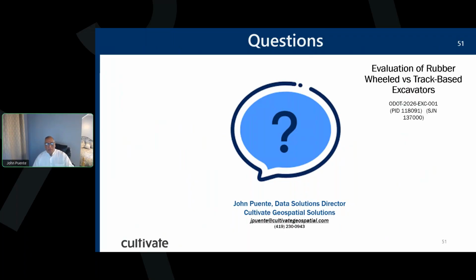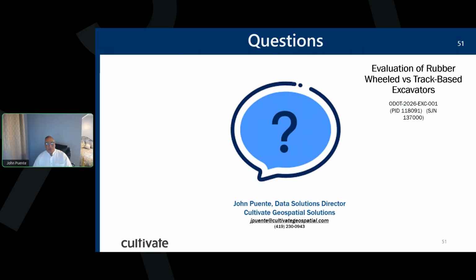All right, so finally, we actually feel that ODOT is the perfect state for a mixed fleet of equipment that can take advantage of the flexibility of wheeled excavators. And as we mentioned, each of these pieces of equipment adds value to their maintenance and operation responsibilities. They each have a place within the fleet for ODOT.